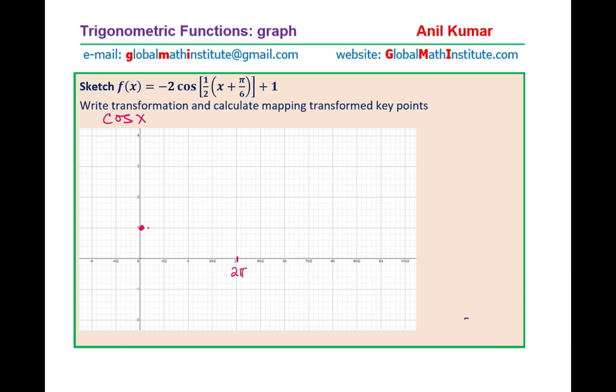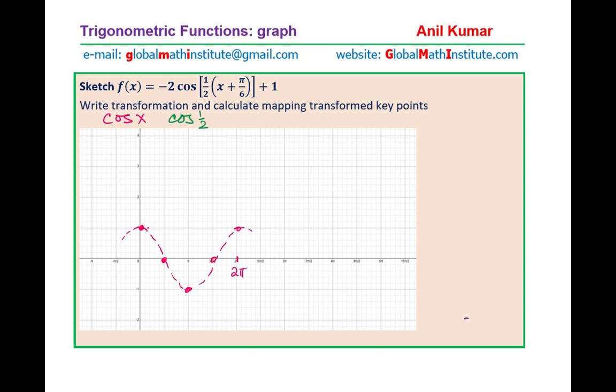So within 0 to 2 pi, we have one full circle, which will give us the cosine function starting with maximum, then going to 0, coming back to minimum, going to 0, and to maximum. So this is the starting point of one cycle of cosine x. Agreed, right? Of course, it continues. So we'll focus on only one cycle. Makes sense, right?